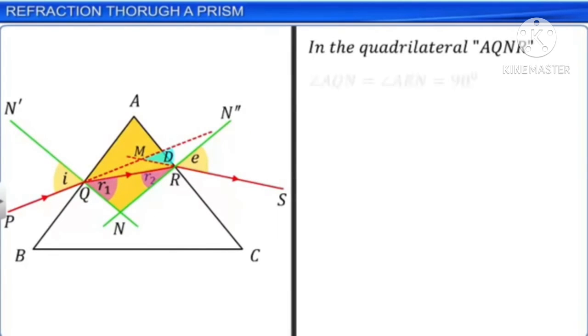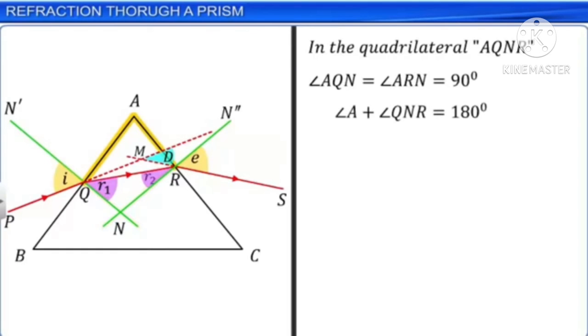Since the sum of the angles in a triangle is equal to 180 degrees, in the triangle QRN, r1 plus r2 plus angle QNR is equal to 180 degrees. Let this be equation 2. From equations 1 and 2, we can write that angle A is equal to r1 plus r2.